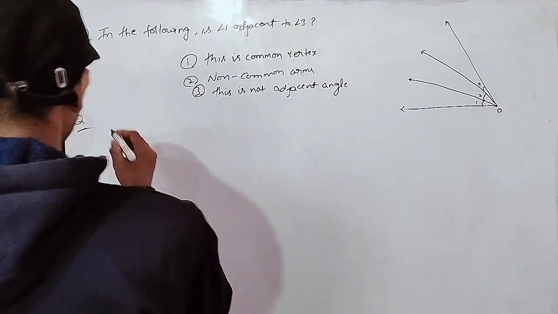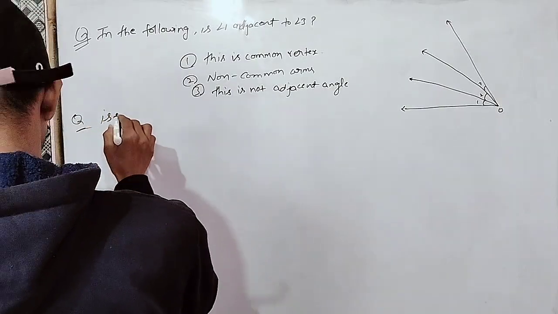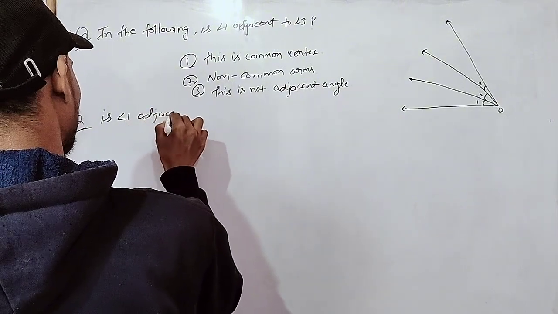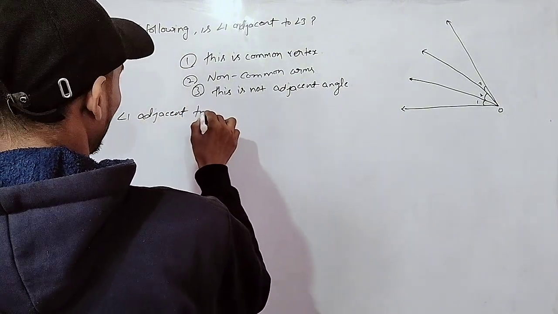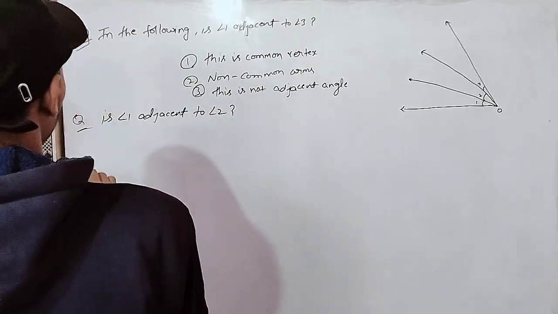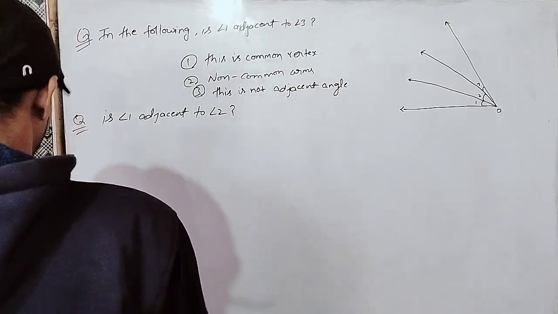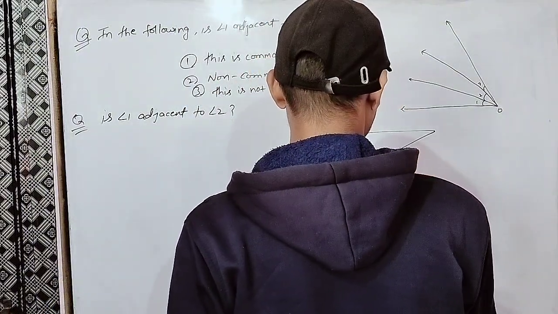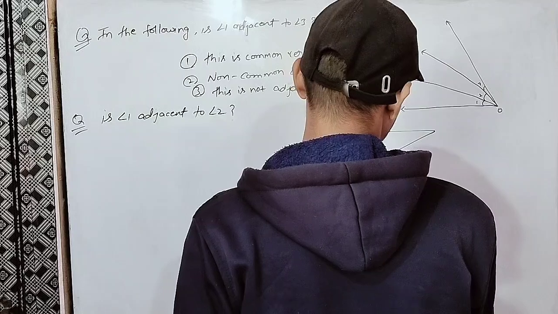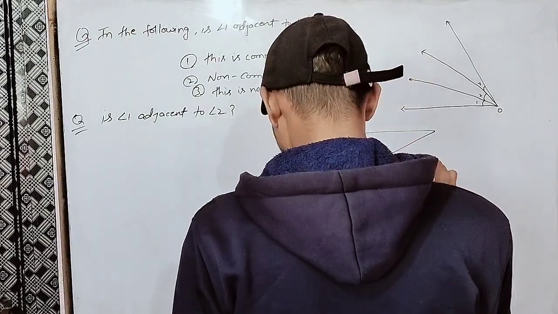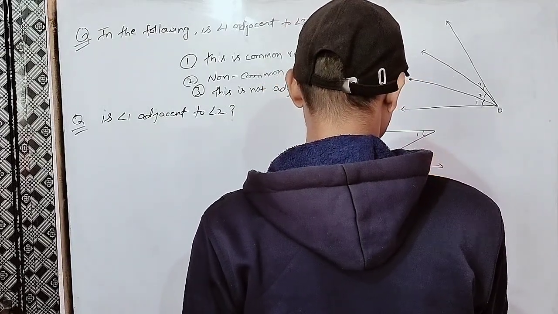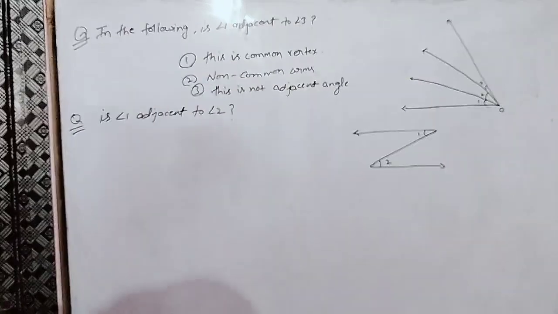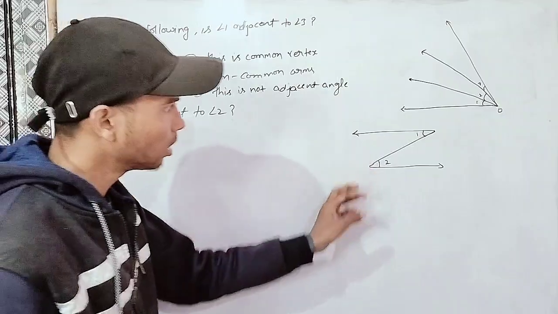The next question is: is angle 1 adjacent to angle 2? The figure is like this. Try to understand it.